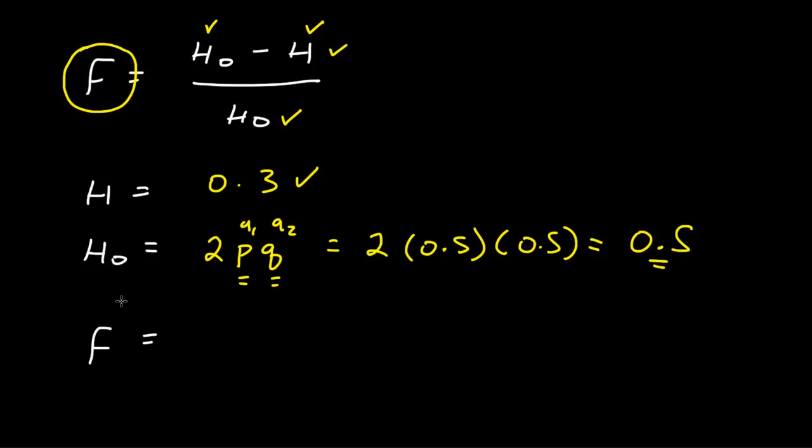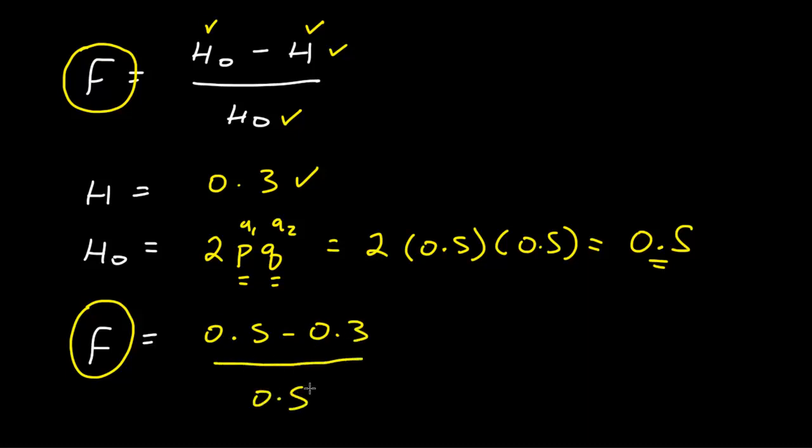So let's finish up by calculating F for this population. That would be 0.5 minus 0.3, all divided by H naught, which is 0.5. And that should give us 0.4.